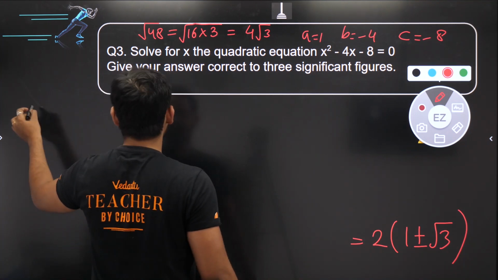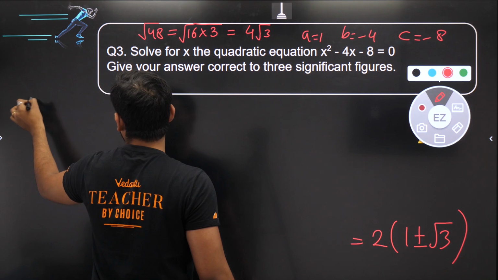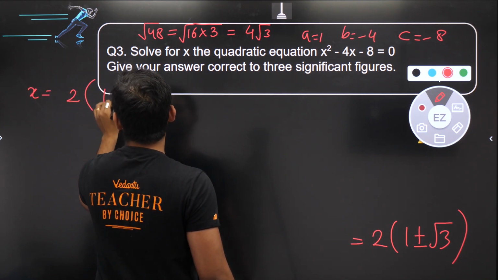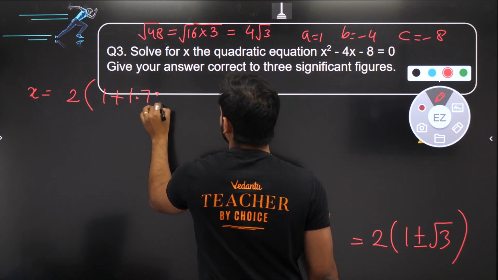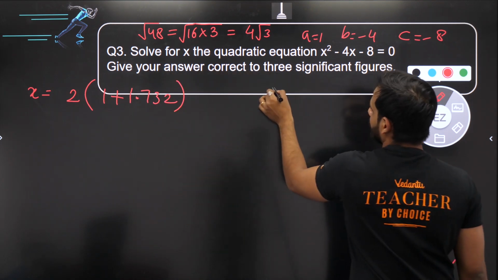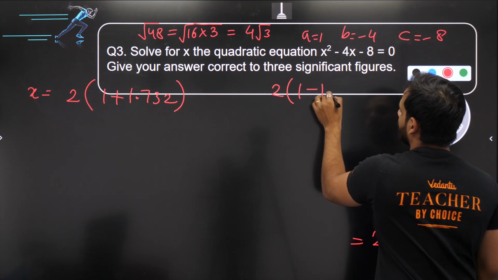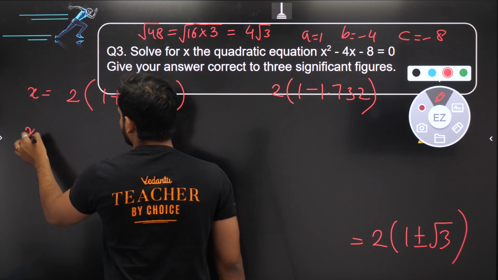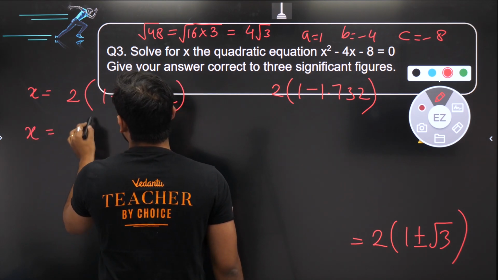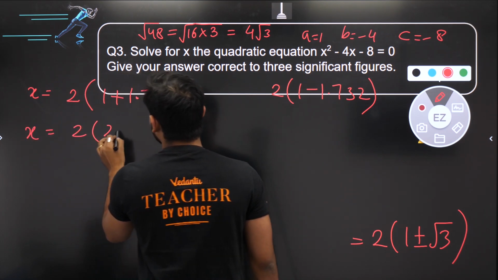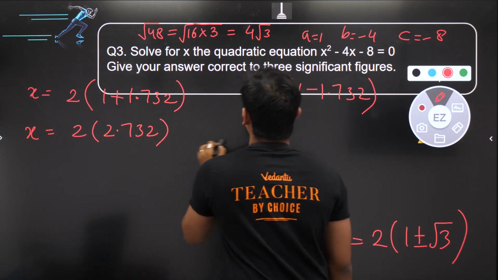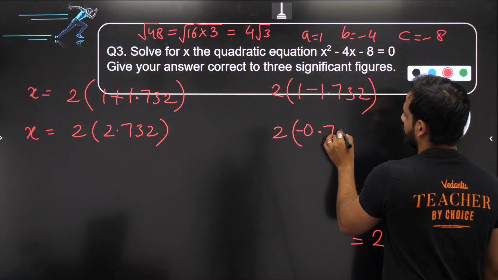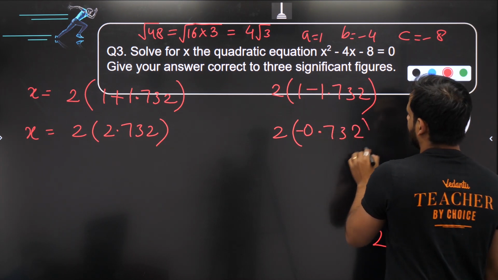So the first root I will be getting, x will be 2 into 1 plus 1.732, and the second will be 2 into 1 minus 1.732. Here x is equal to 2 into 2.732, and this will become 2 into 0 minus 0.732, correct?